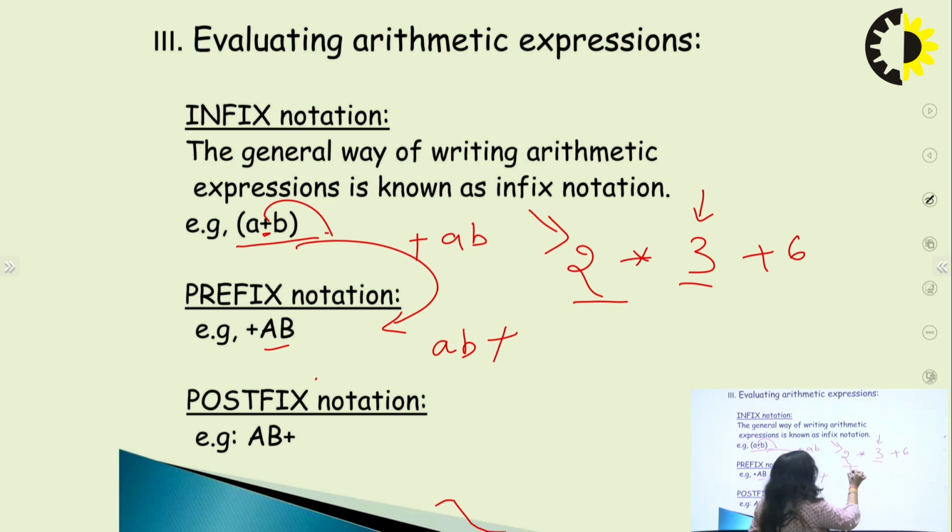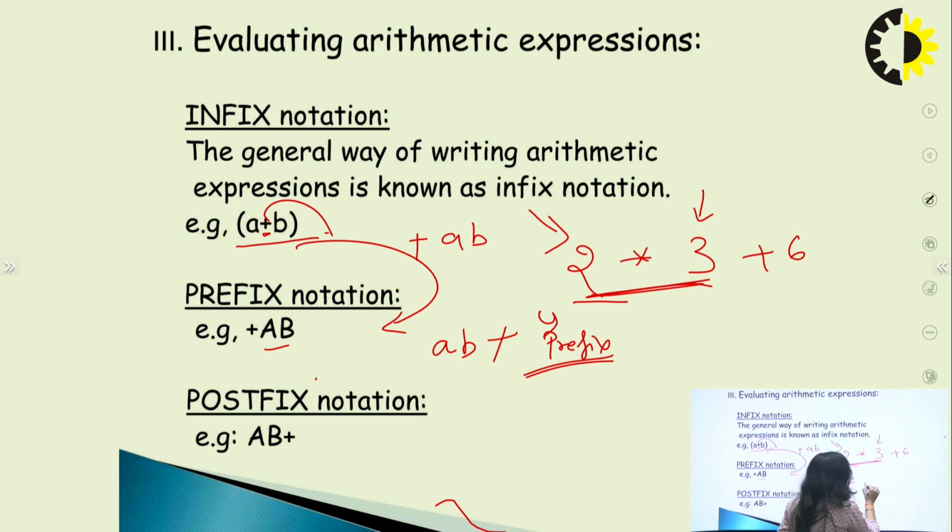So according to this, convert into prefix. Solve this part first, as a prefix. So this is 2, 3. Now your expression is in this form.